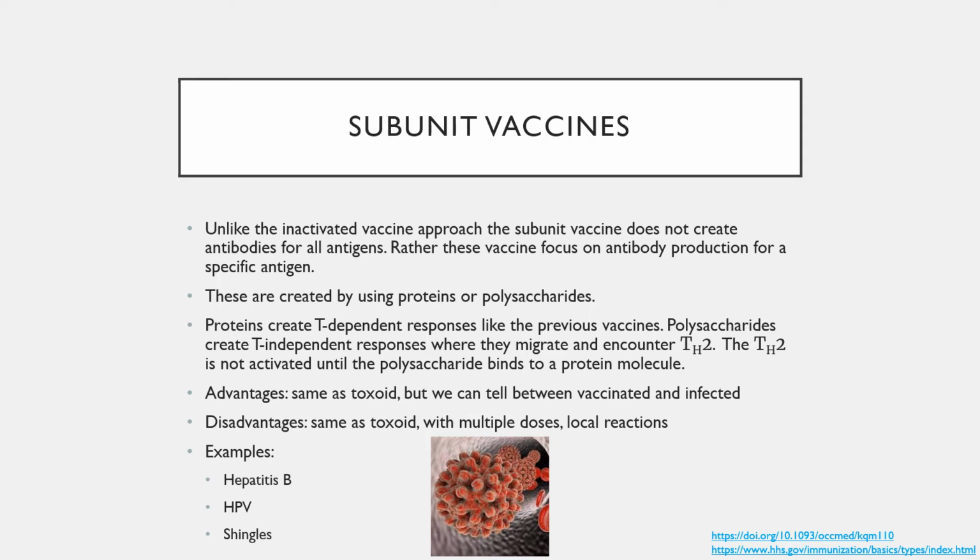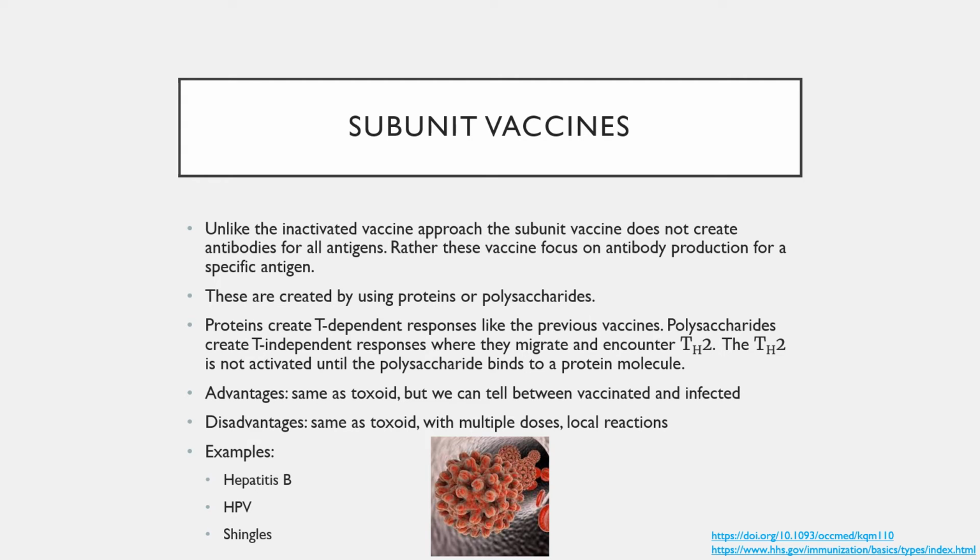We create these using proteins or polysaccharides. The proteins create a T-dependent response, like some previous vaccines that we've talked about. The polysaccharides create a T-independent response, where they migrate and encounter Th2. Th2 is not activated until the polysaccharide binds to a protein molecule.